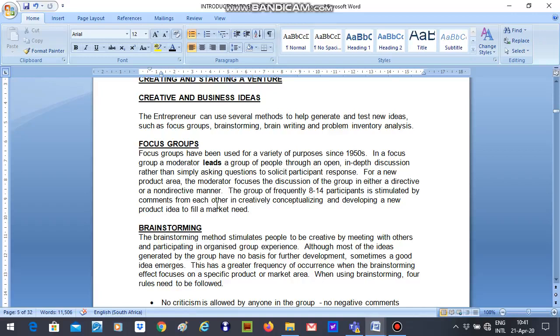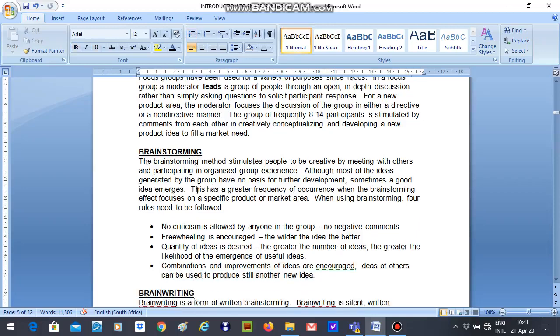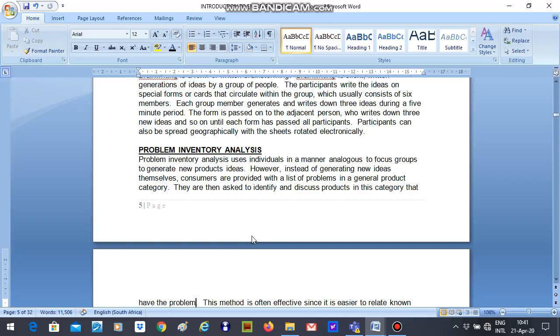We have focus groups, where a moderator leads the group, and you discuss things that may possibly be a good idea. Then you have brainstorming too. A group of people sit together, speaking aloud and trying to see if there will be anything that will be useful.